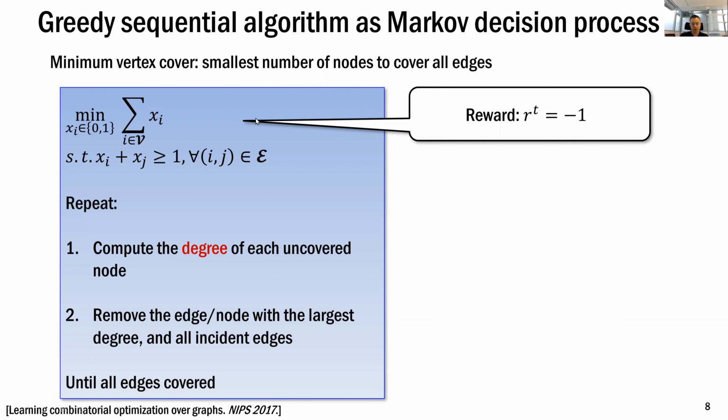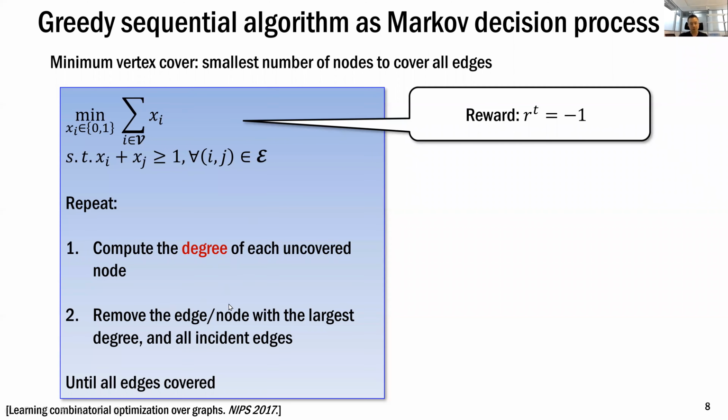What it means is you can map this objective function into the reward function in reinforcement learning. So every time you select a particular node, you are penalized because you want to select as few nodes as possible. In this case, the reward is -1, or the loss is 1, okay?